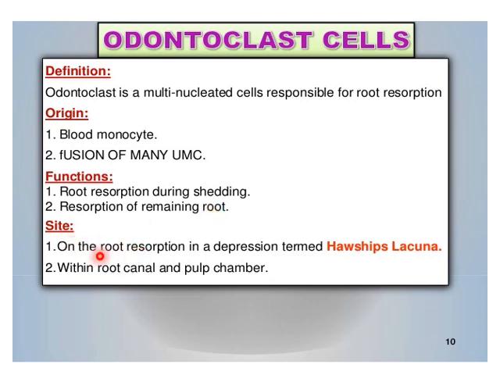They are located on the root resorption in depressions termed Howship's lacunae, same as the osteoclast cells present in the bone, and also present within the root canal and pulp chamber.